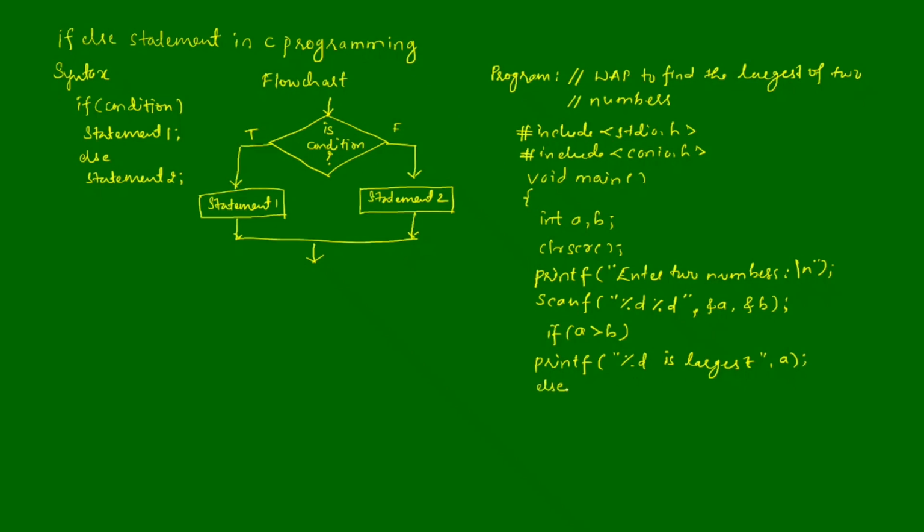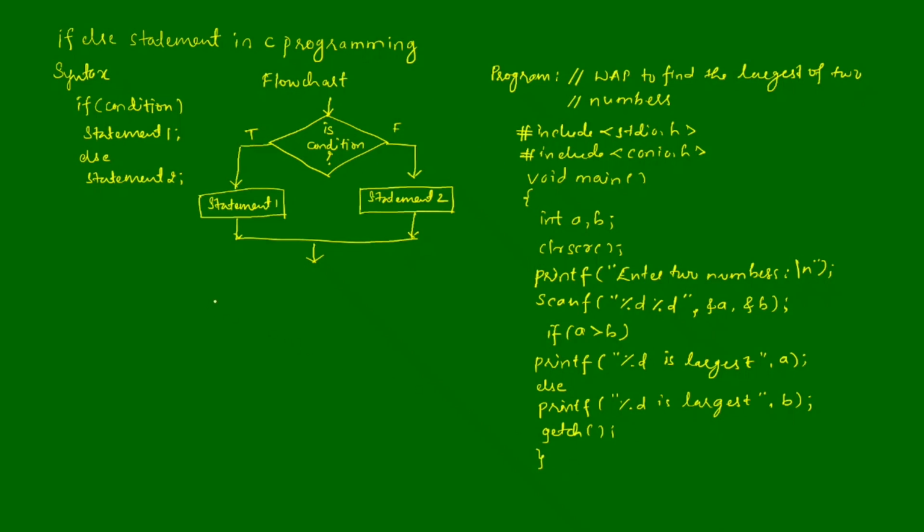If this condition is false, then we have to write printf %d is largest, end the double quotation mark, put a comma, and here we are going to write b. Now we'll write the getch function and the curly closing brace.